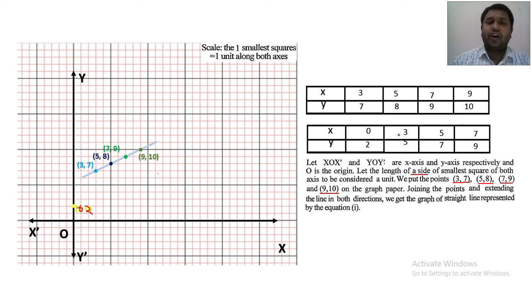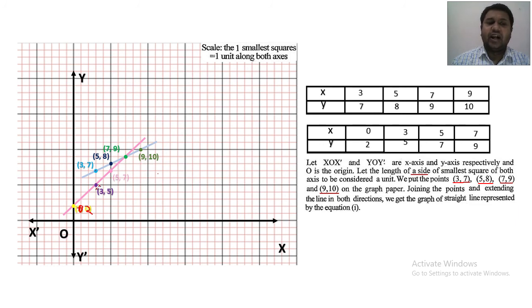Then 3 comma 5, here it is 3 comma 5, and the next one is 5 comma 7, here it is 5 comma 7, and the last one is 7 comma 9. 7 comma 9 is already there, so that's why I didn't draw it again.